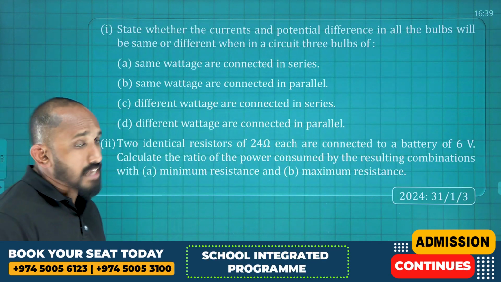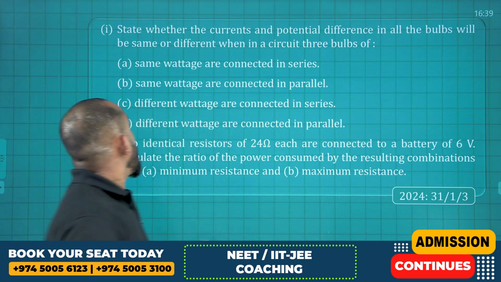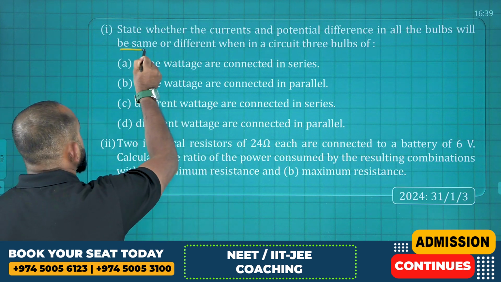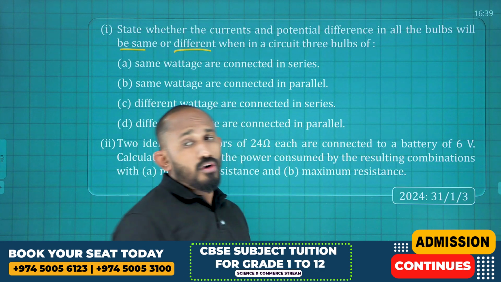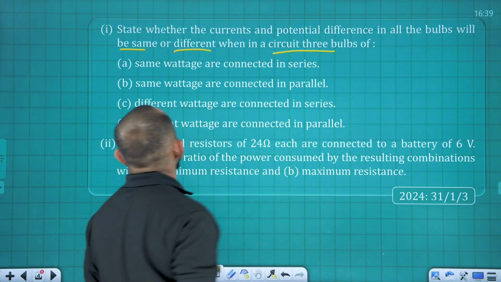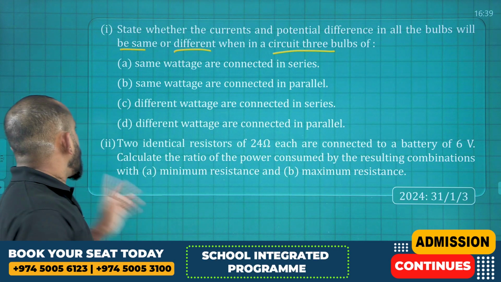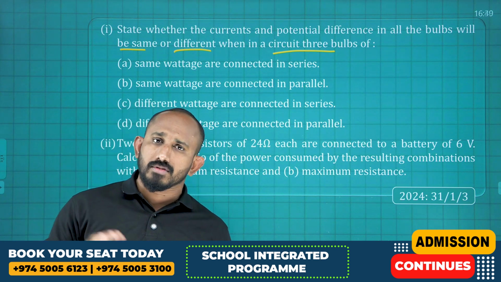State whether the currents and potential differences in all the bulbs will be the same or different when, in a circuit, 3 bulbs are connected in different ways. In part A, let's see whether current will be the same or different, or potential difference will be the same or different.